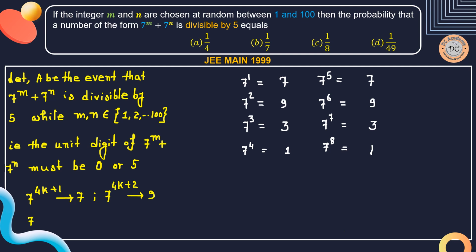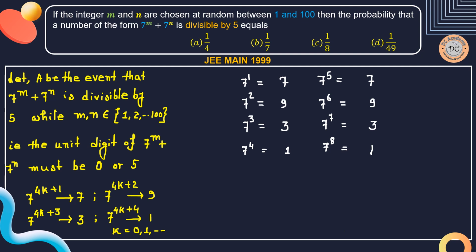For 7 to the power 4k plus 3, it's definitely equal to 3. And the unit digit for 7 to the power 4k plus 4 is obviously 1. And here, k starts from 0, so 0, 1, and so on.